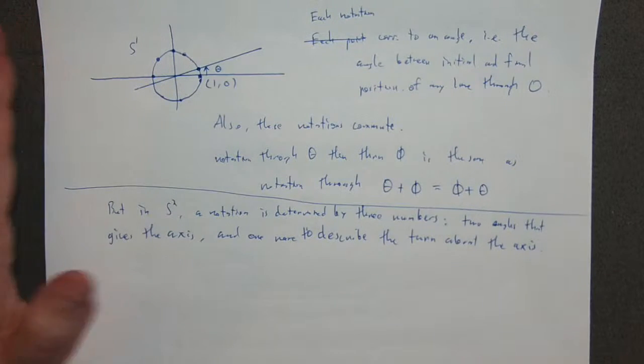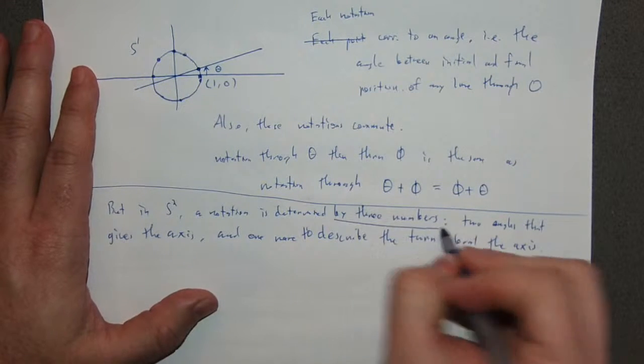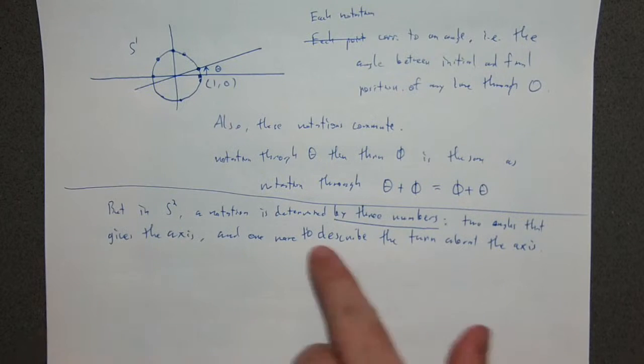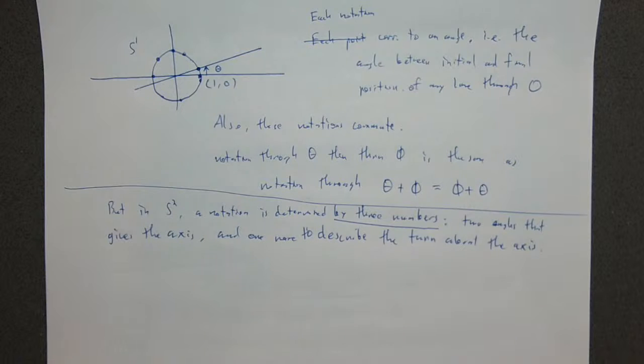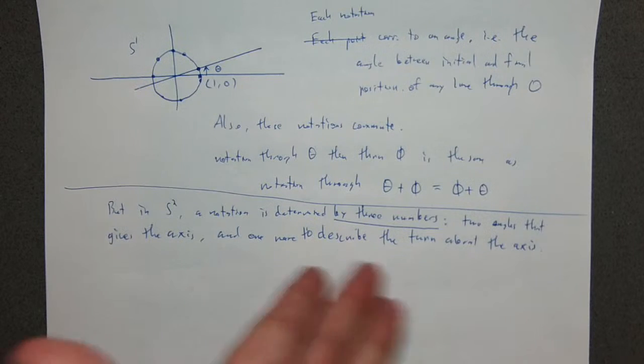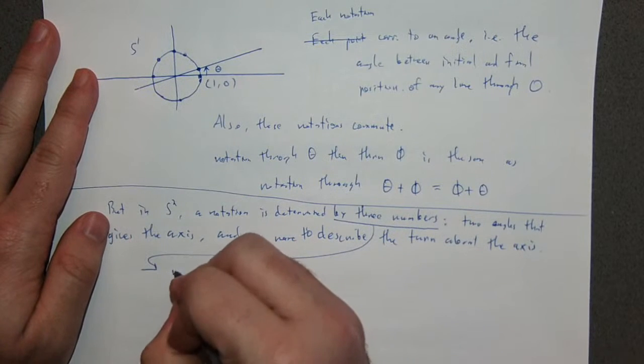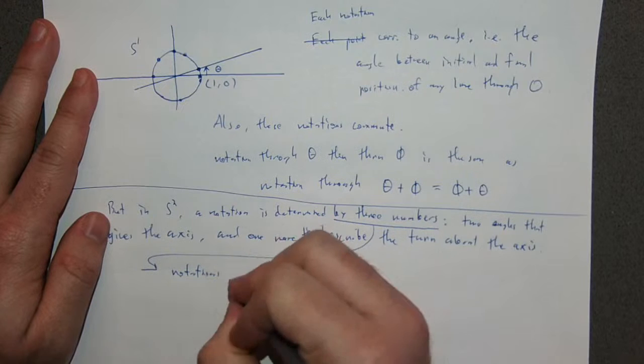All right. Why is this a problem? Well, a point on S2 is parameterized by two real numbers, right? It's a two-dimensional space, but describing rotation requires three. Okay, so this is no good. It means that these can't correspond to points of S2. So because of this, rotations can't correspond to actual points on S2.